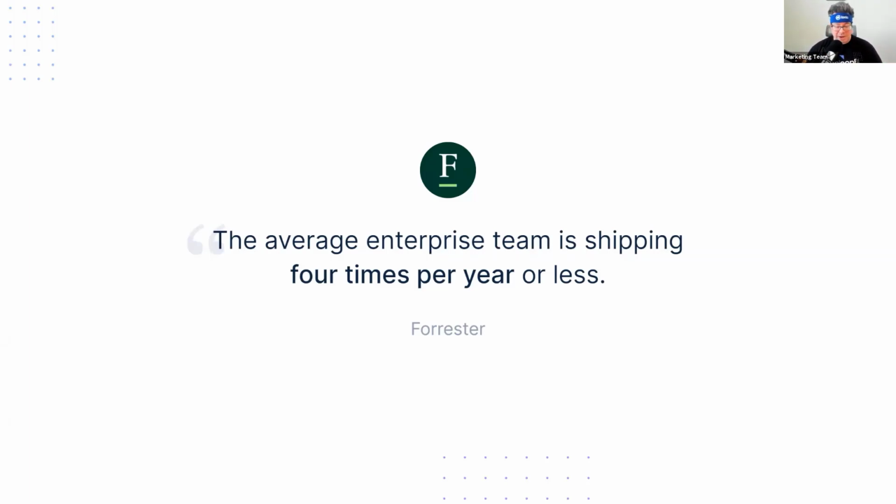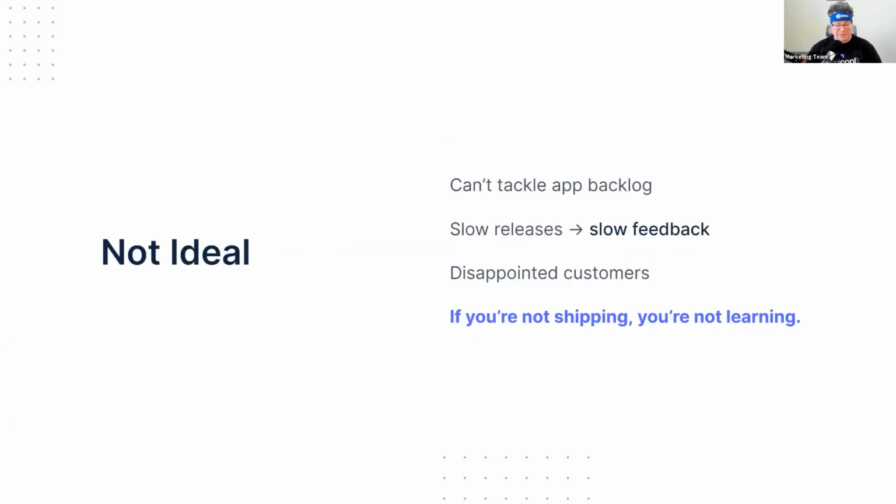What they've found is, unfortunately, the average enterprise team ships code and new software releases an average of 4 times a year or less. So quarterly, maybe even twice a year. And that's not great. That is not an ideal situation to be in this modern day and age of technology and customer development, right?